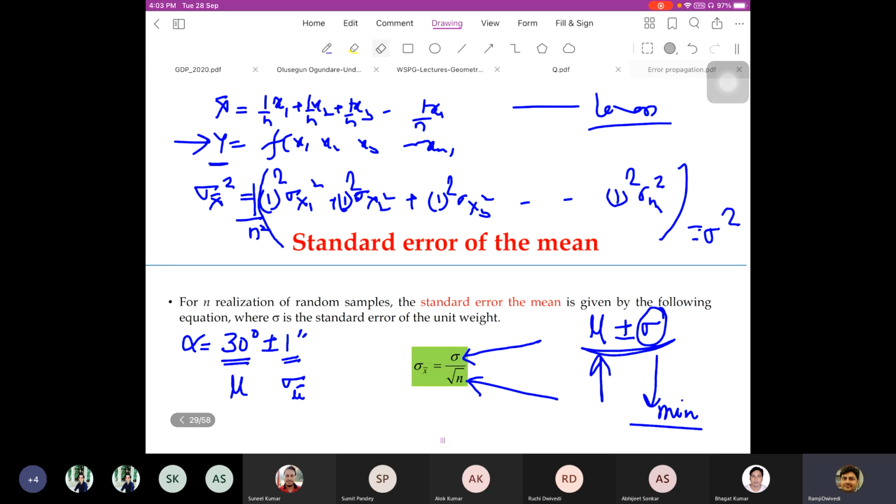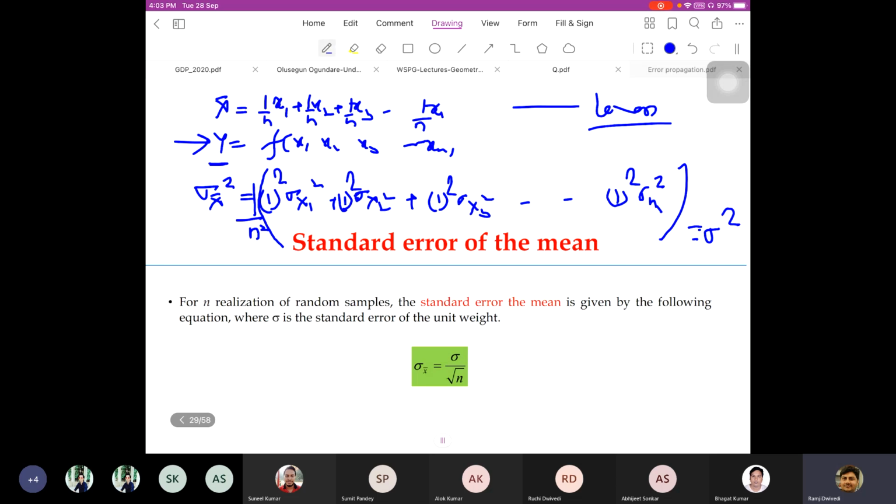Still, if it is not clear to many of you, I would elaborate it with one more concept. How is alpha computed? Alpha would have been taken by your instrument, or by you in person, 10 times. The readings you have taken 10 times become alpha 1, alpha 2, alpha 3 up to alpha 10, isn't it?